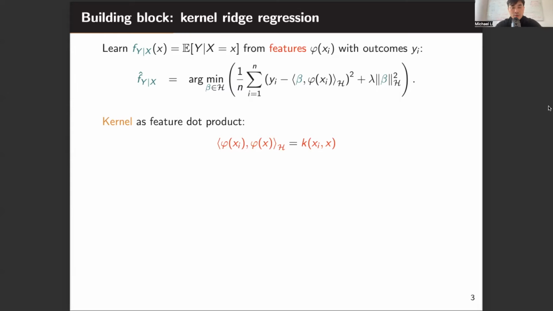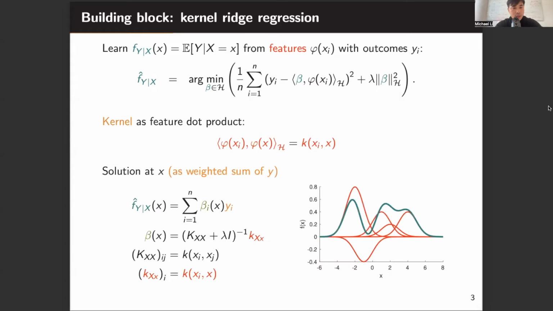Writing it this way, we can write out the solution at x as a weighted sum of y, where our estimator is the sum of beta_i(x) and y_i, where the vector beta only involves kernel evaluations. Our capital K_XX is the kernel evaluated at any two points of our training data, and the small k_x is a vector where each entry is the kernel evaluated at x_i, which is our training data, and x, which is the prediction point.